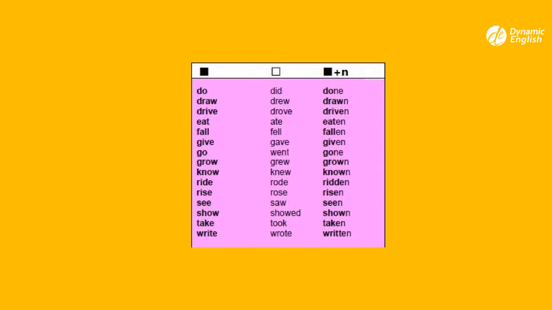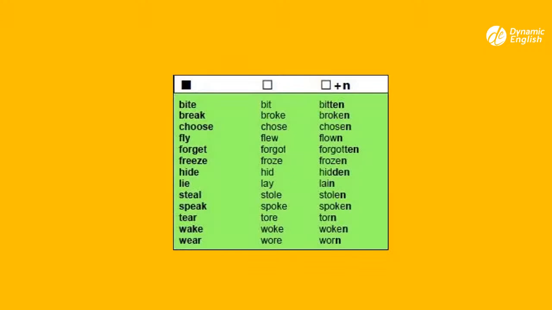All right. So this is our category where really we just need to add an EN or an N or sometimes an NE. But if we can focus on that group, we're good to go. All right. Now, this next group, if you notice your squares there, is going to be with our past tense and our plus in as the participle.